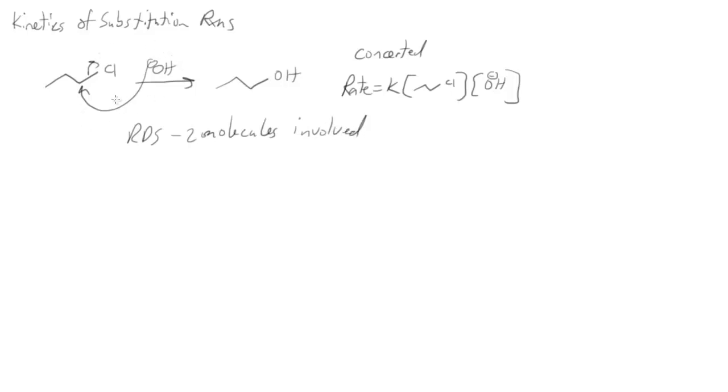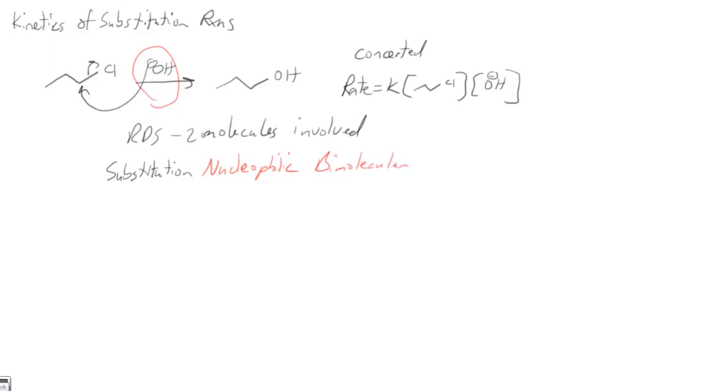So if we're going to name this reaction, we'll say it's a substitution. And the substitution is occurring through a nucleophile, so it's a substitution nucleophilic. And then, since there are two molecules involved in the rate determining step, it's substitution nucleophilic bimolecular.